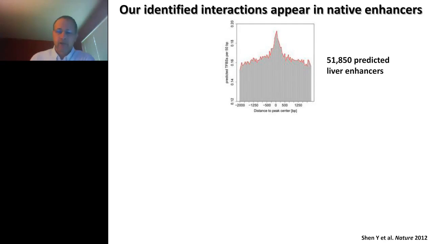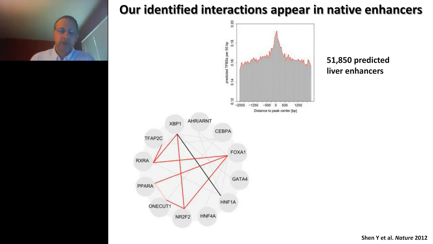And so we use this data set to look, do we see the interactions that I showed you before much more than what we would expect by chance in these real live enhancers that exist in the wild?